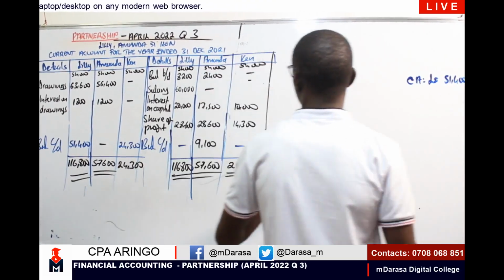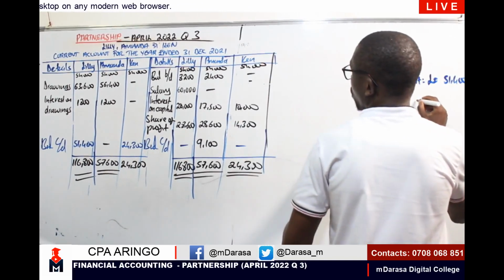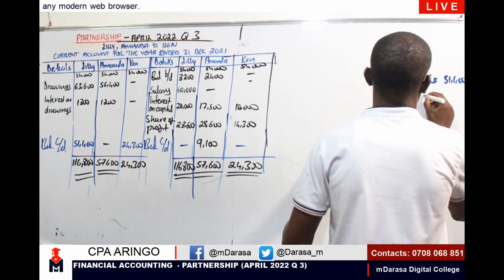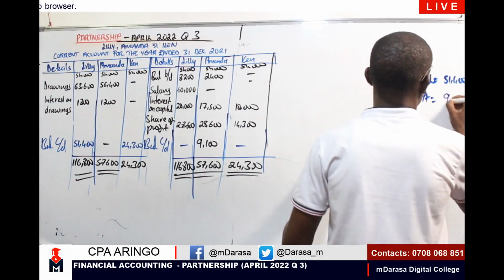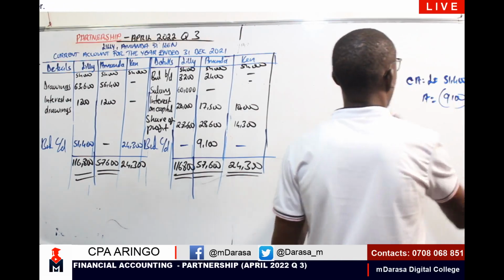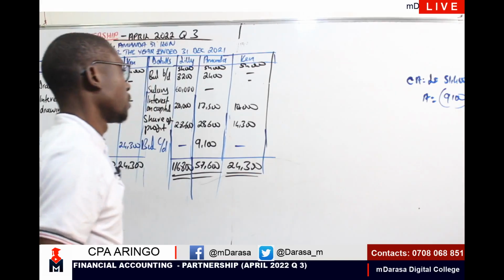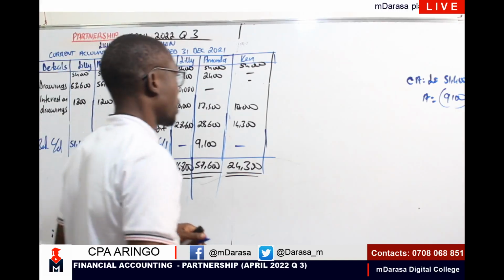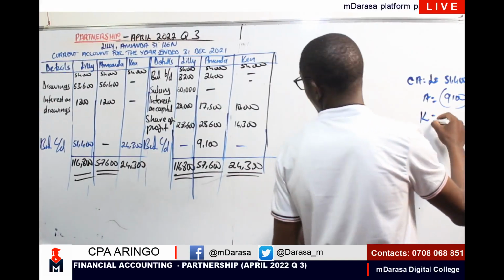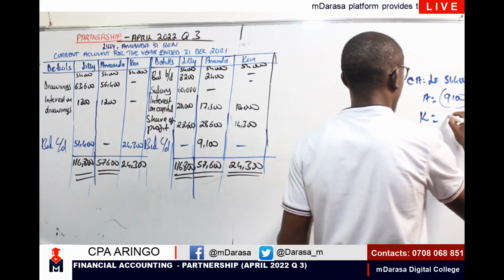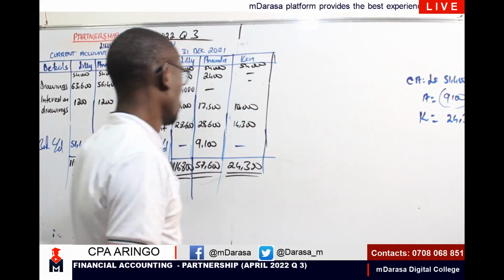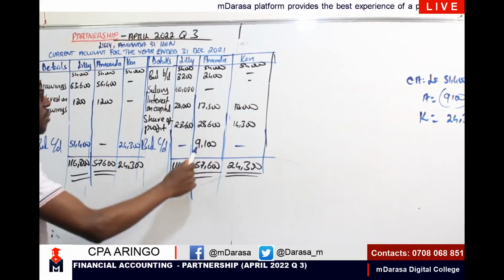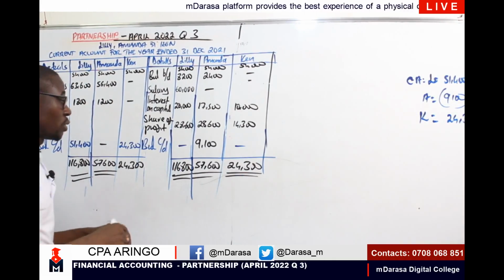For Amanda, I'm having 9,100. That is a debit balance, so a negative. For Ken, 24,300.